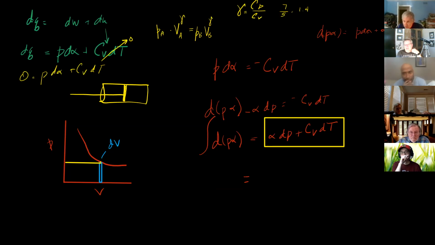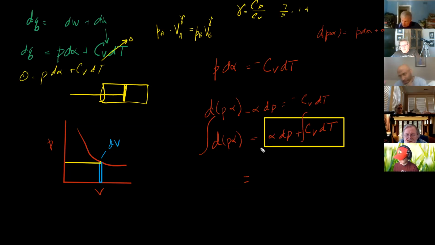Bruce, how would you answer that? Remember I said, I'm trying to integrate the left side, which means I need to integrate the right side. What's the problem on the right side? Temperature and pressure are related? No, I don't care, because this is what I was trying to show you when I did this.